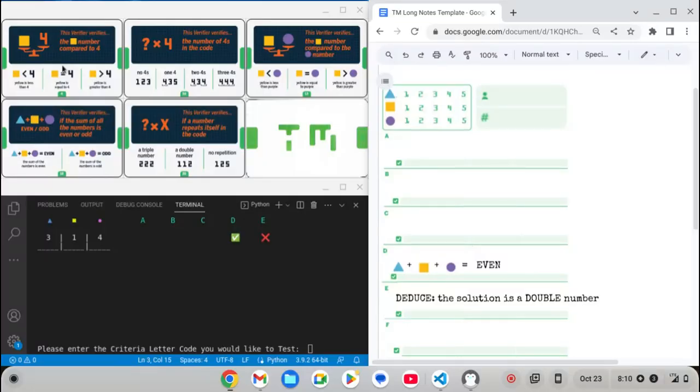If there were no 4s, we know we need at least 1 even. So if it fails, it doesn't like the single 4. It either means that there are 2 4s or no 4s, which would mean it's a 2.